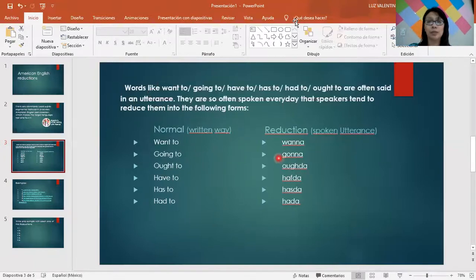And finally, after you finish this, we are going to pass to the book on page 69. In this case, we are going to use only the reduction of going to, because we have been checking future plans. So we are going to solve page 69 with the reduction of going to.